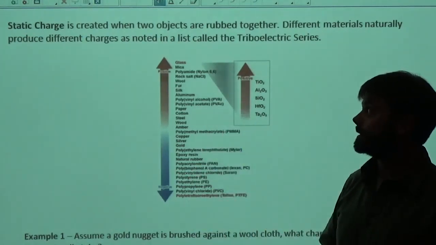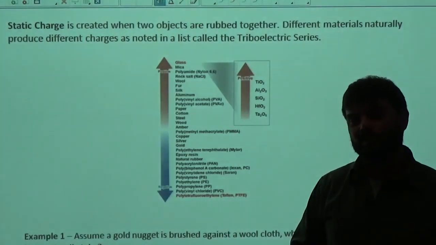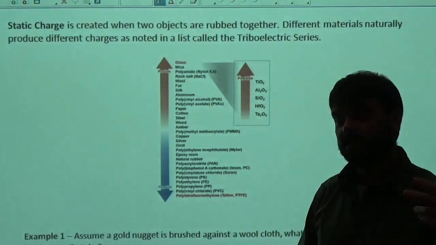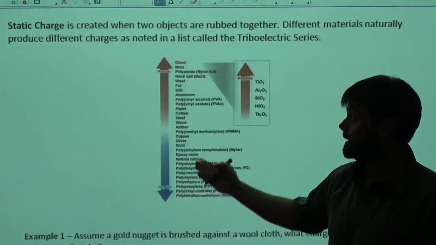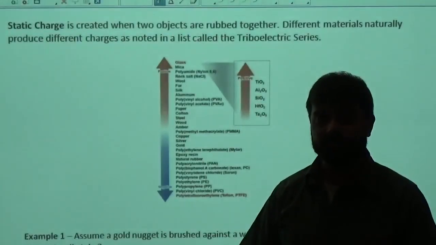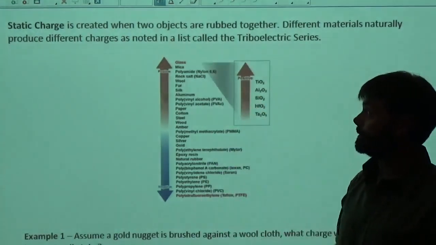And there is something called the triboelectric series, which kind of denotes, based on the type of material it is, which one will more easily gain or more easily lose electrons. So this doesn't have every piece of material or matter that we deal with in real life, but it does have a fairly high number of items on the list.